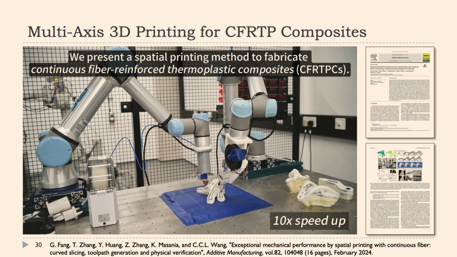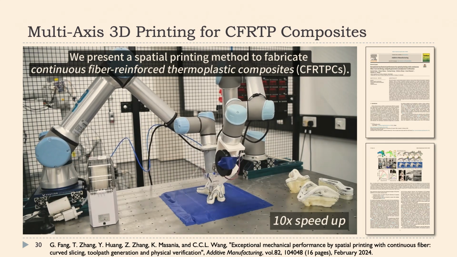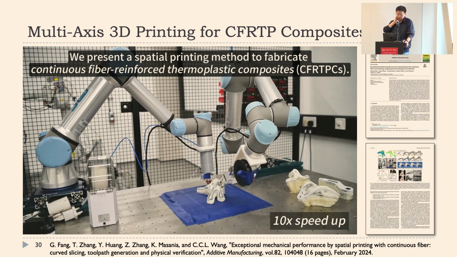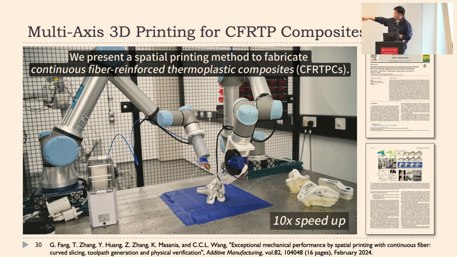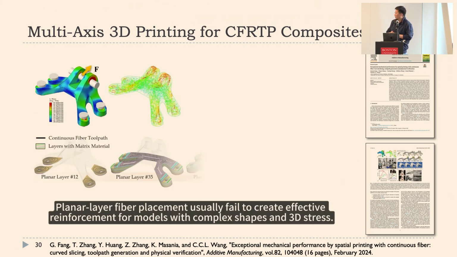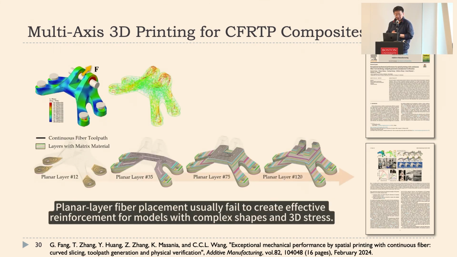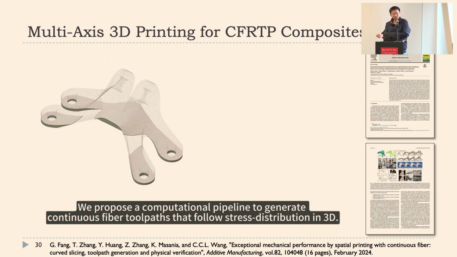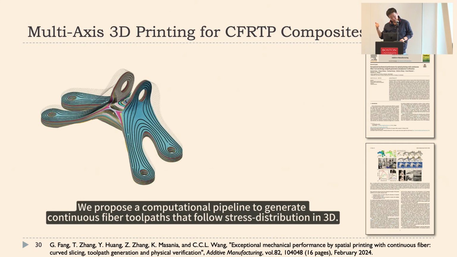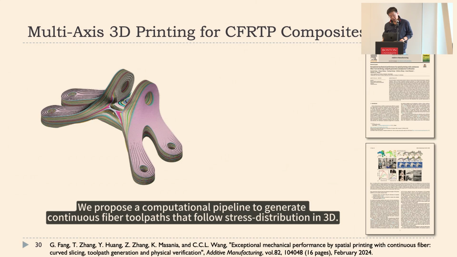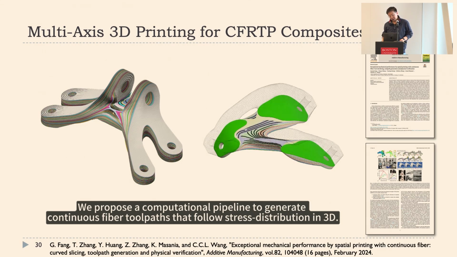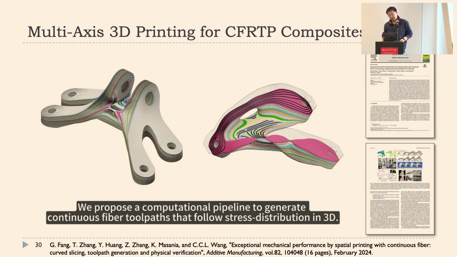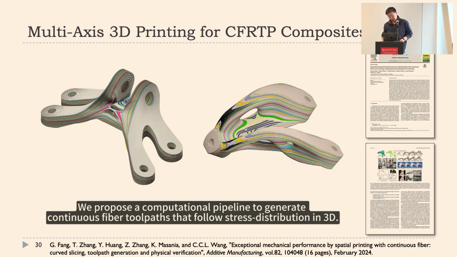So here shows some of the examples we conducted last year. We 3D printed a model like this, which is a topology optimization result. And this shows a comparison between the planar layer-based printing result and the curved layer-based 3D printing result, as well as, as you can see here, those black curves that show the continuous carbon fiber distributed inside the whole domain.